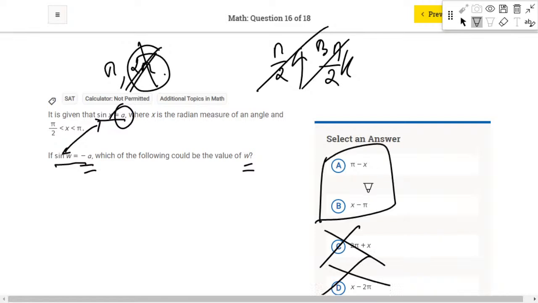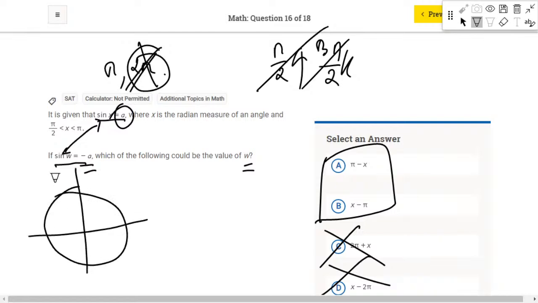What we do here is draw a circle like this, and we know that x is between pi over 2 and pi, somewhere here, and I just checked these answers.